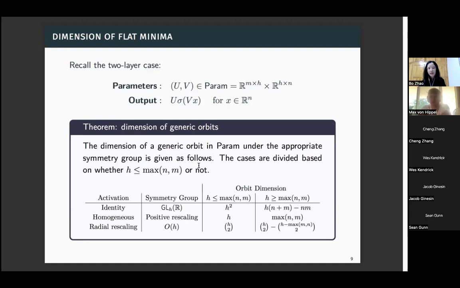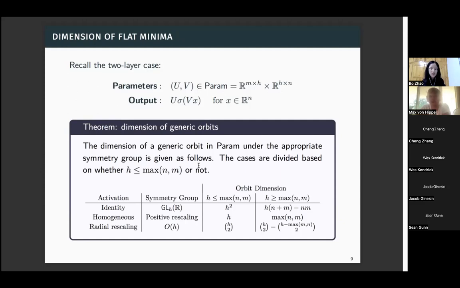But when the hidden dimension is larger than the input and output dimensions n and m, there's a non-trivial stabilizer, so there's correspondingly a smaller orbit dimension. And we derive similar things for a couple of different activation functions.